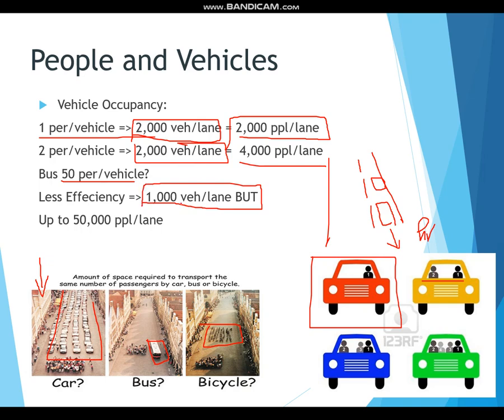If you have 1,000 vehicles per lane, how many people do we have now? It's 50 times 1,000, so it's 50,000 people per lane. So you can see now, with public transportation, taxis, and carpools, we can increase the efficiency and the capacity of your lane really significantly.